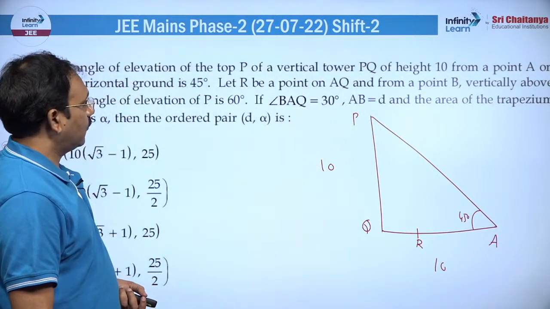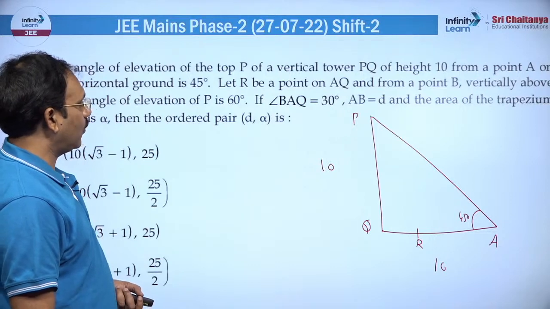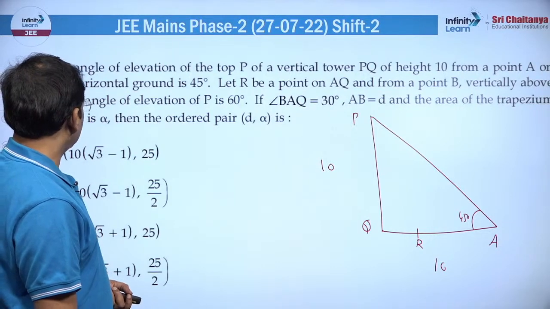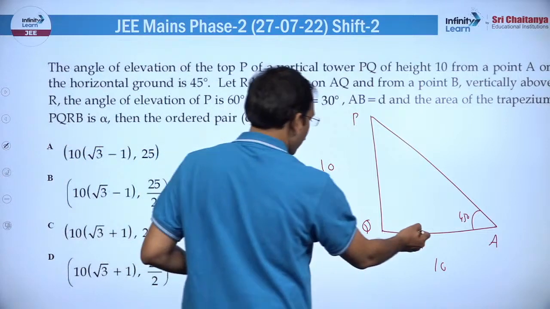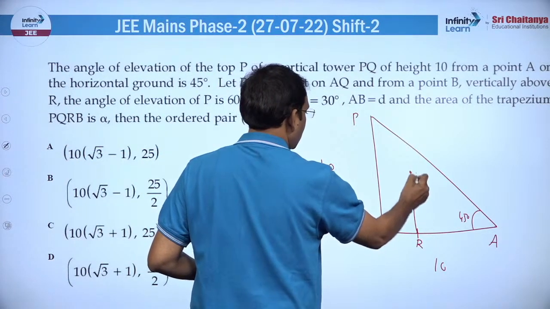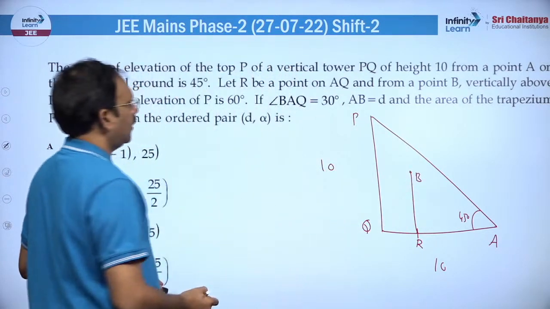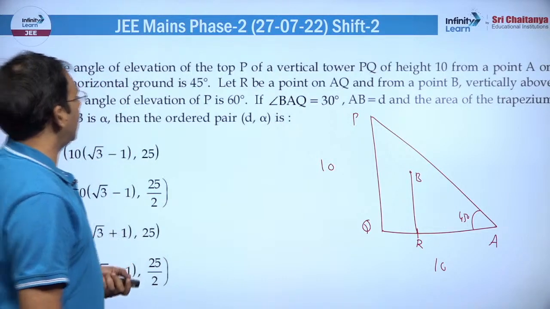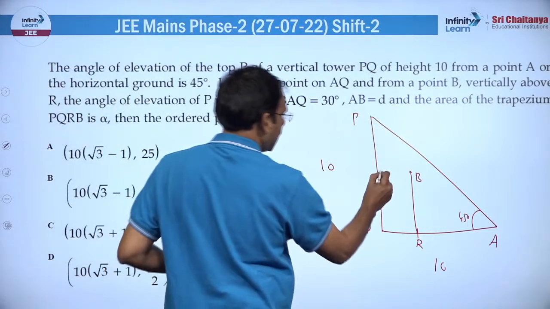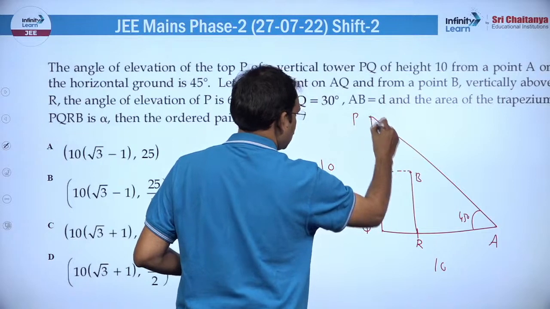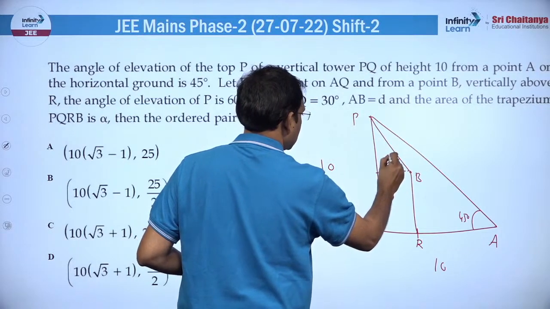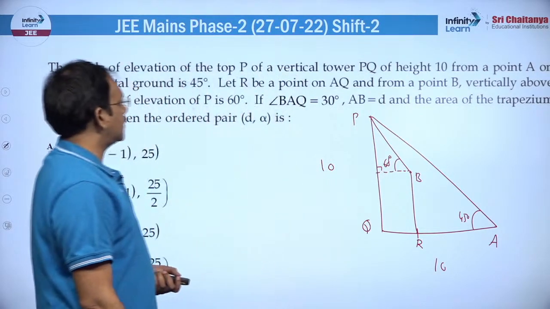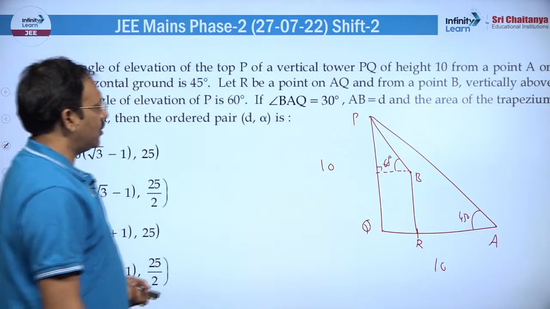Now, from the point B vertically above R, the angle of elevation of P is 60 degrees. It's still angle of elevation, so you have to see here this is 60 degrees. Next, angle BAQ is 30 degrees.